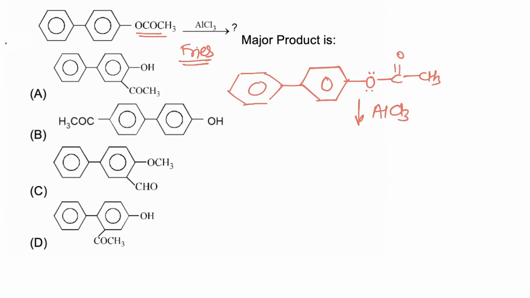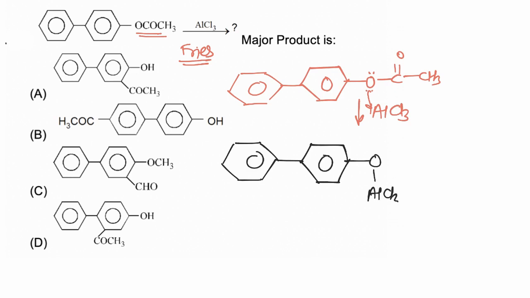Now this oxygen atom will donate a pair of electrons to AlCl3, so that oxygen forms an oxonium ion. The oxonium ion is formed after donating the pair of electrons, along with AlCl3 negative and COCH3.